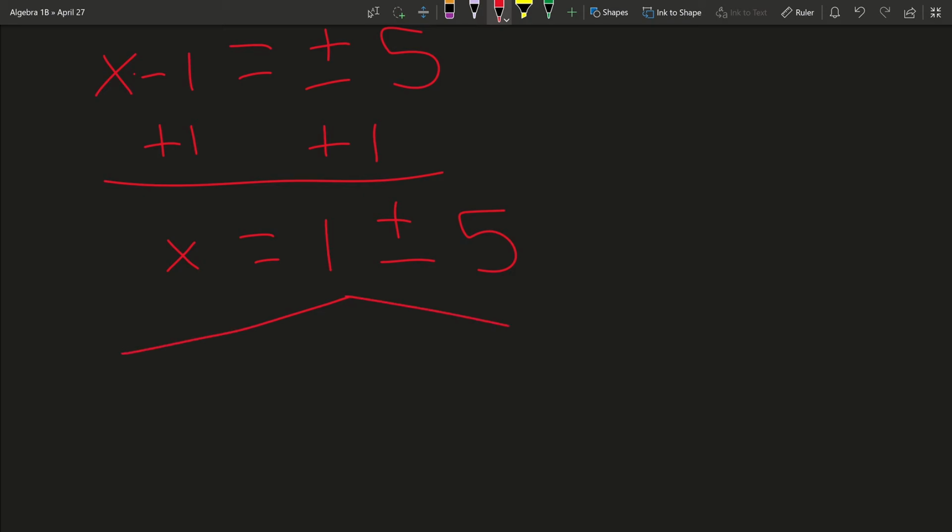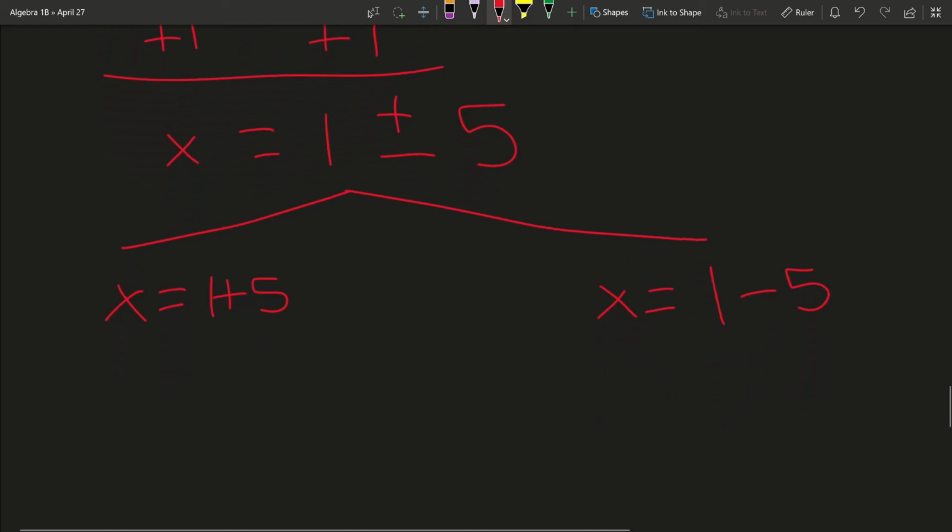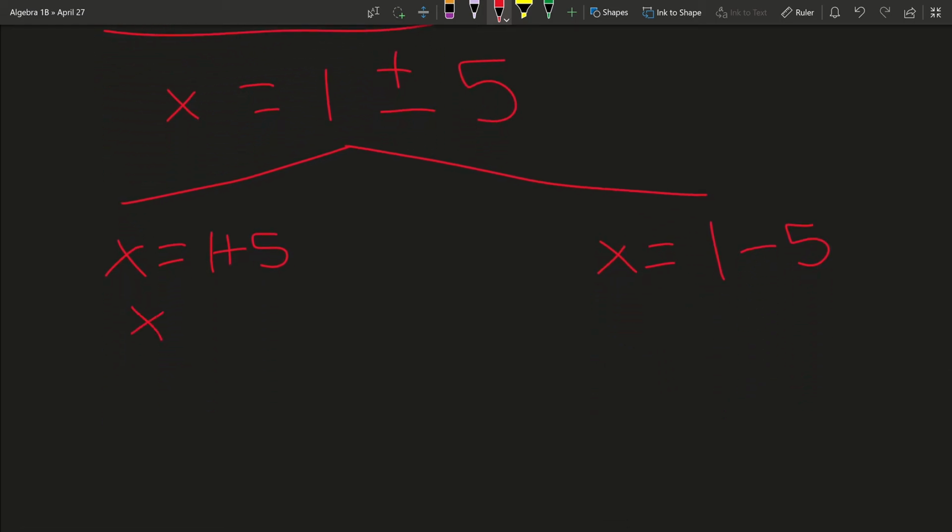And what you're going to do is you're going to create two equations. x is equal to 1 plus 5, right? We need to include the positive. And the second one's going to be x is equal to 1 minus 5. And you're going to solve those two. 1 plus 5 is 6, and 1 minus 5 is equal to negative 4. So those are two answers.